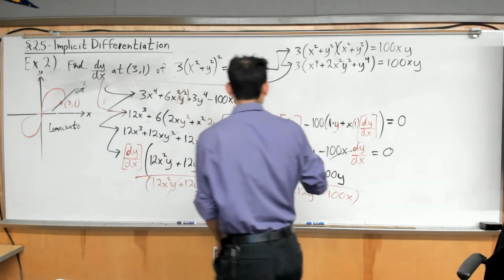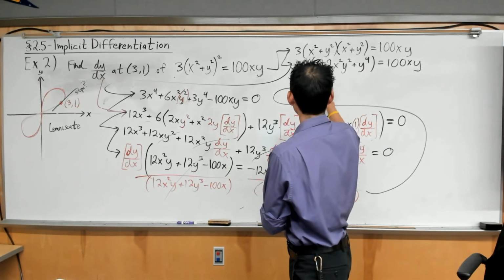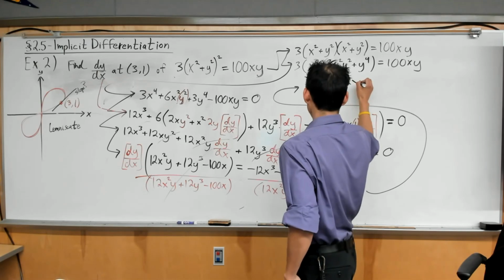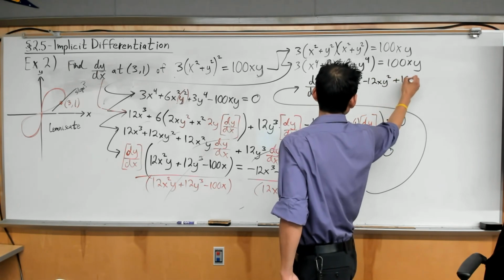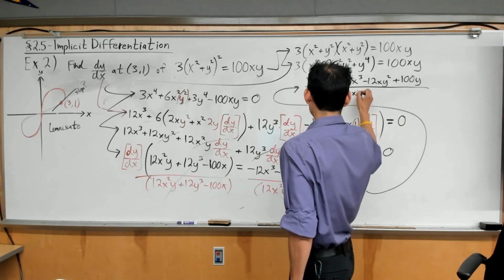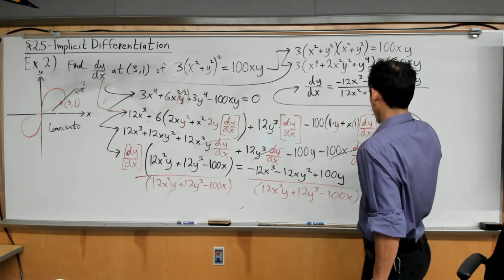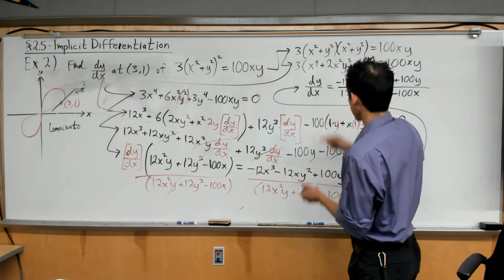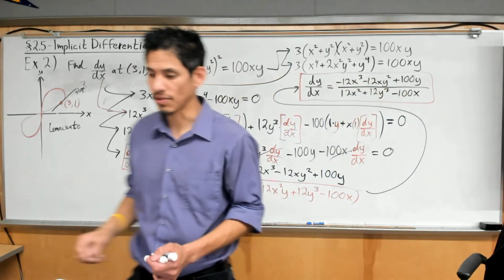Okay, dy dx equals this: negative 12x cubed minus 12xy squared plus 100y over 12x squared y plus 12y cubed minus 100x. And this should be your equation for dy dx.